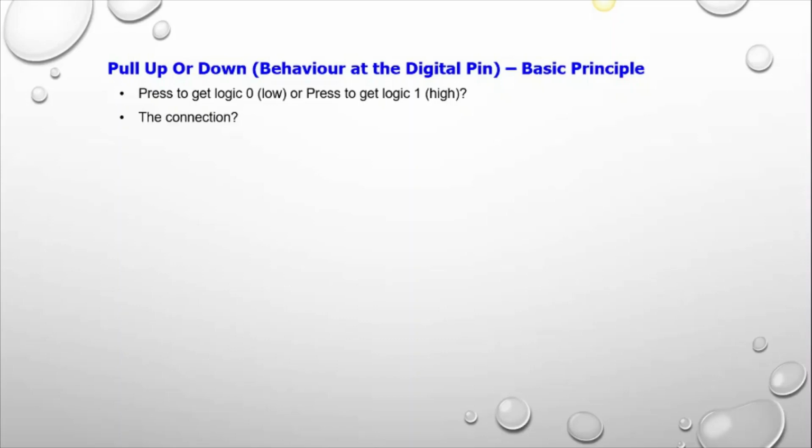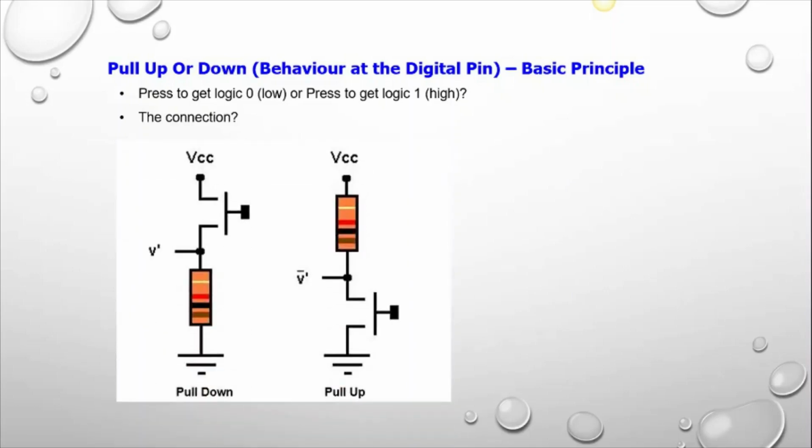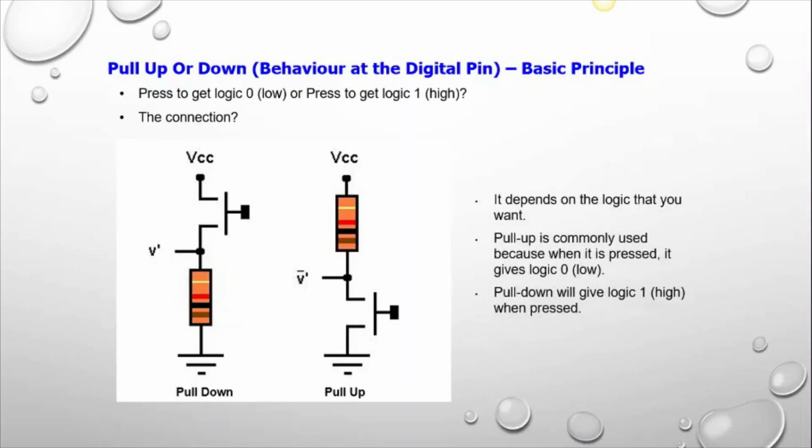And then how about the connection? These two things are actually related to one another. We will see in detail. We have two types, pull down resistor and pull up resistor, or pull down switch and pull up switch. These two behaviors at the digital pin depend on what logic you want when you press the button.